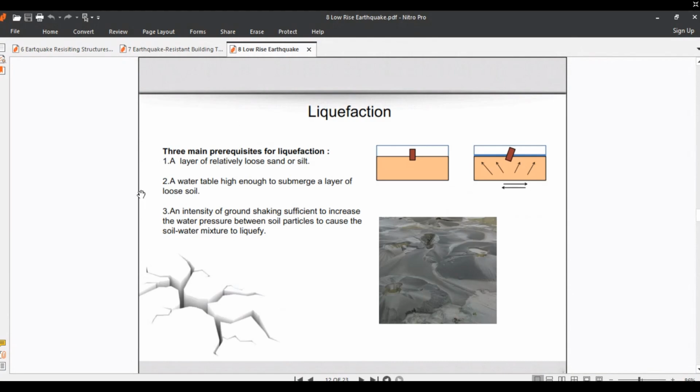These three main prerequisites for liquefaction occurring are important.